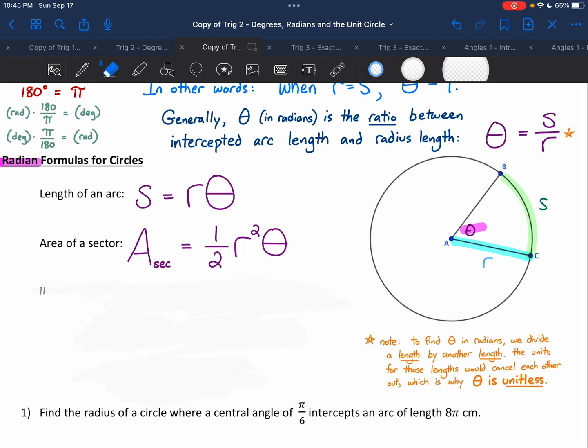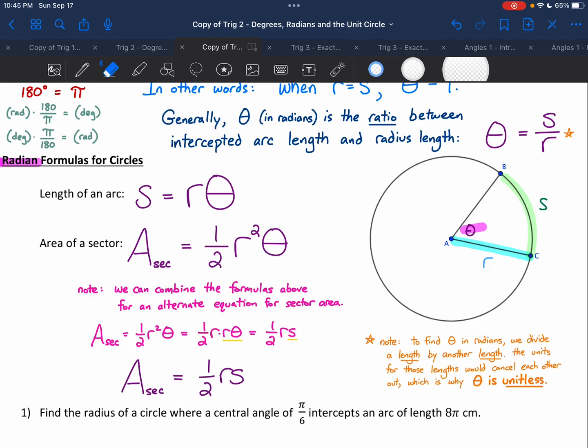Just a little bit of a note about these formulas: you can always sort of combine these two together, like how this is r times theta and this is r times theta. That actually means there's a nicer way that we could choose to write this depending on the information that we have. There's a way to find the area of a sector without knowing an angle at all.